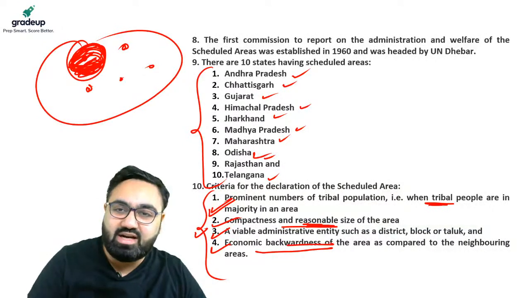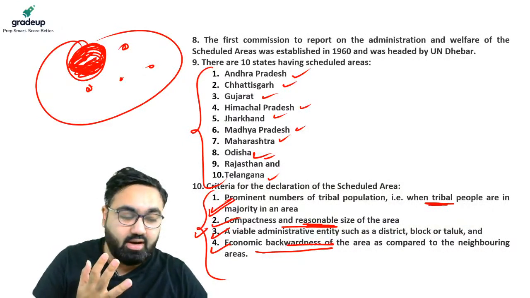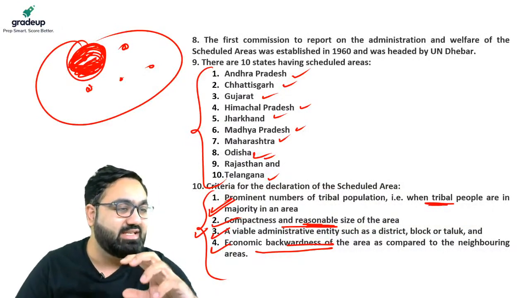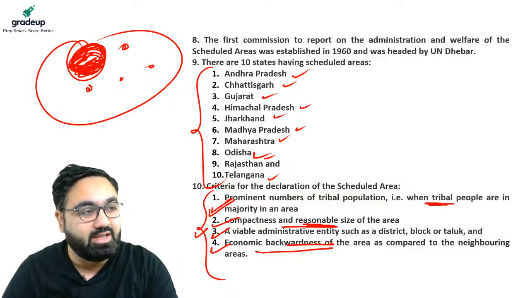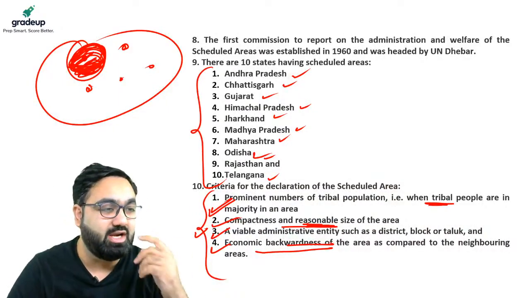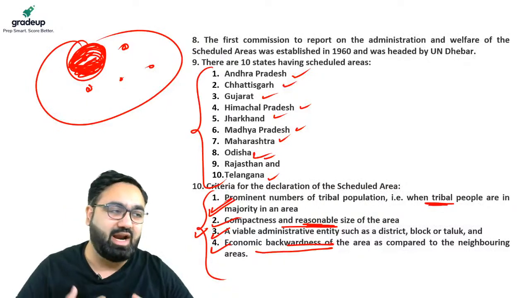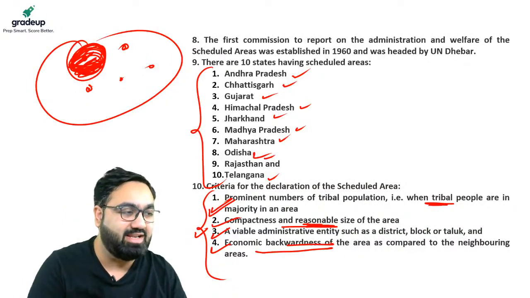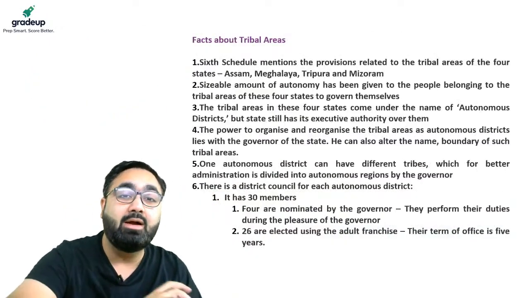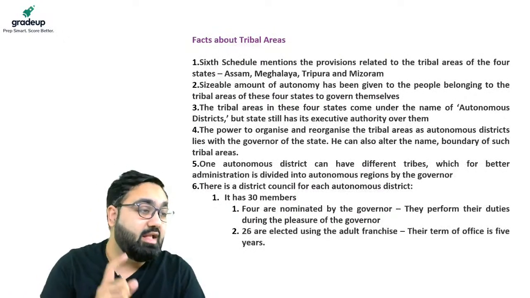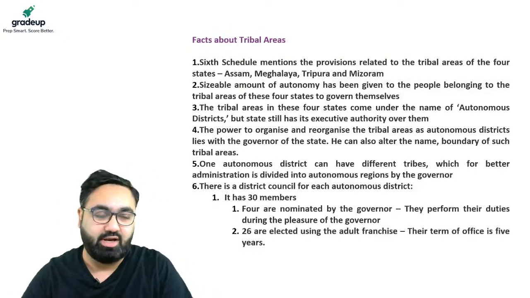What is the advantage that they get? Governor says that in these areas certain laws will not be applicable of the parliament or of the state. Also in these states, tribal advisory council is set up which advise the state government whenever they are bringing any law.